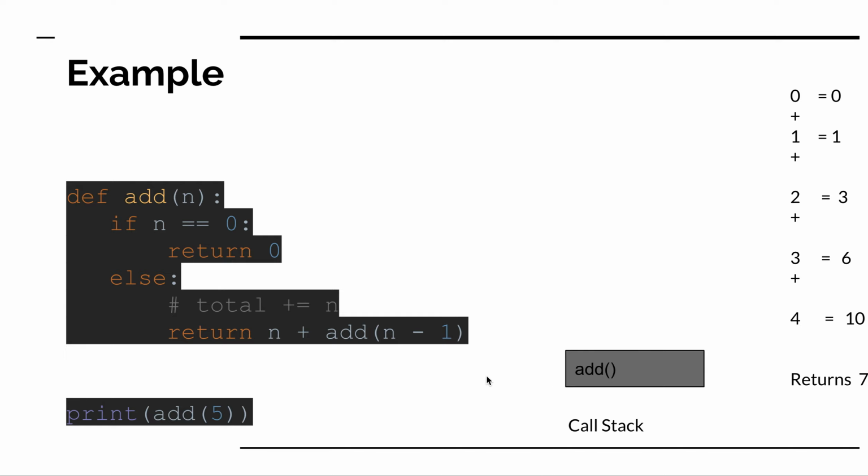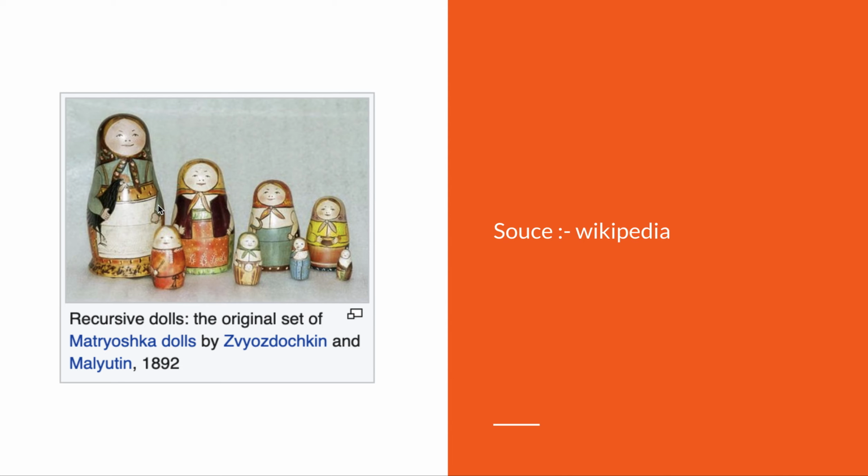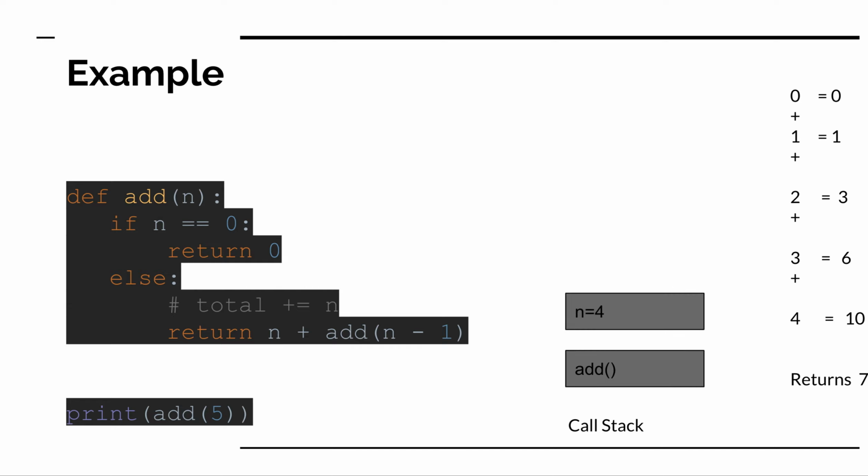Let's see what happens next. At the moment n is 5, so it comes to the else block: 5 plus, and it calls the add function, going back into the call stack. Now n equals 4, because I have reduced n by 1, and the next call stack is created with n equals 4. The base condition is still not reached, so it does the next iteration.